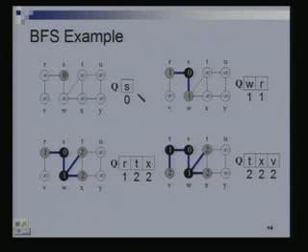So, at any point what you are going to do is look at the front element in the queue and look at all the neighbors of that front element, right. So, the neighbors of this front element are W and R, right. So, you are going to put them into the queue now.